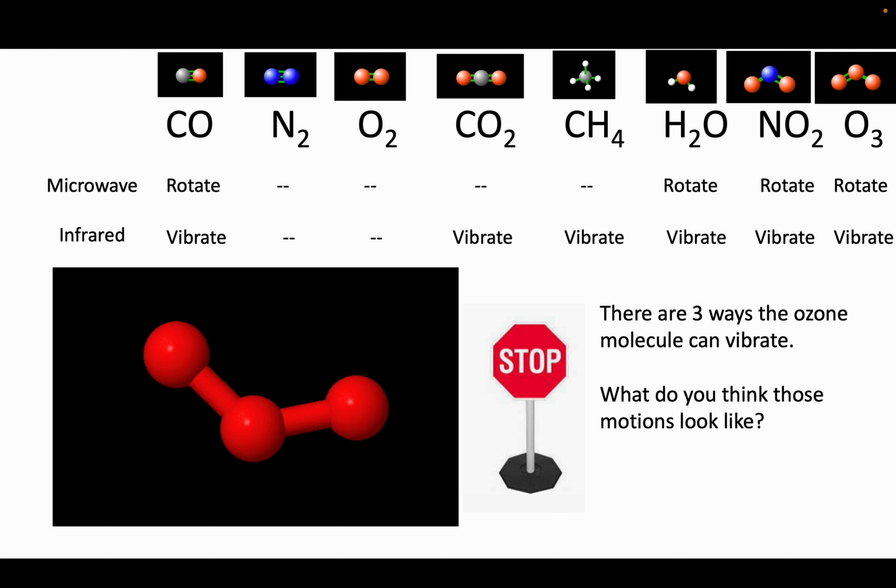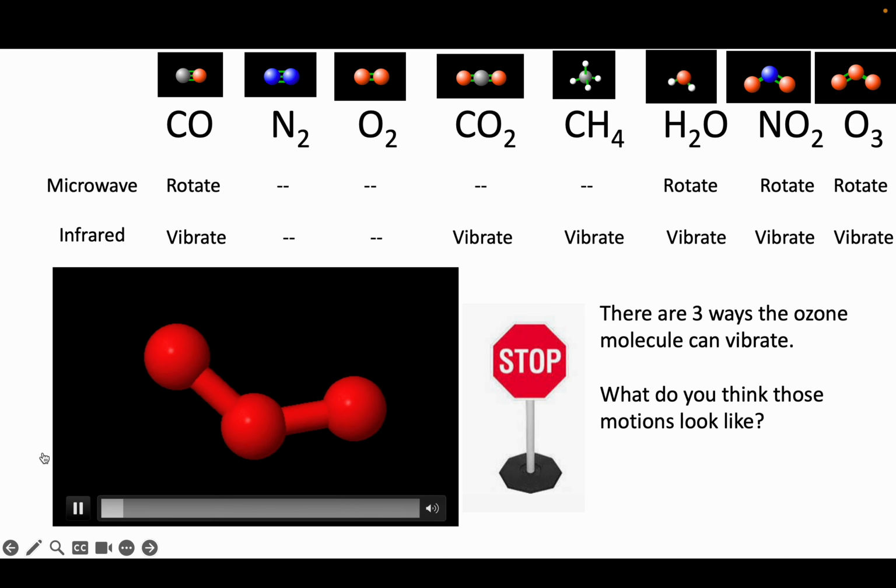When we're thinking about ozone, ozone is said to interact with infrared radiation. Turns out there are 3 ways that an ozone molecule can vibrate. What do you think those motions look like? Can you try to act them out? Here are the 3 motions.